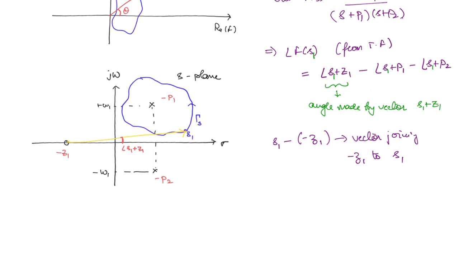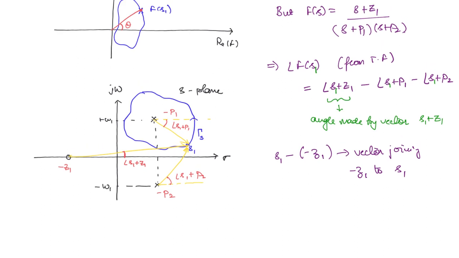Similarly, the line joining s1 and p1, let me draw the line here like this. Then what is the angle made by s1 plus p1? The angle made will be this angle. So this is angle s1 plus p1. Similarly, the angle made by this line will be angle s1 plus p2.